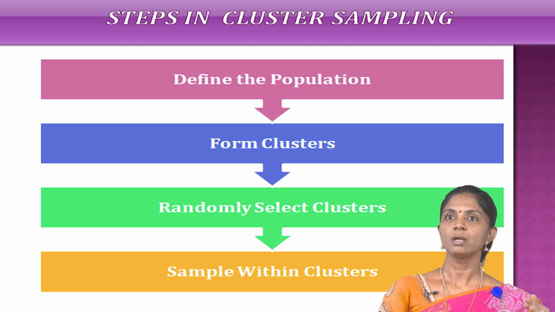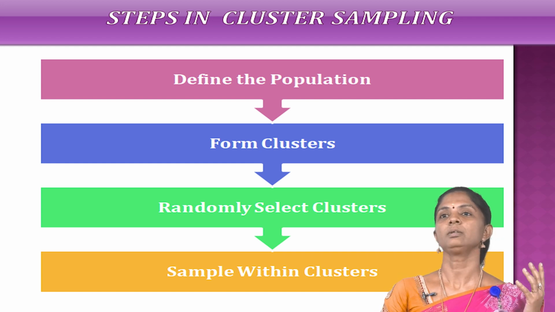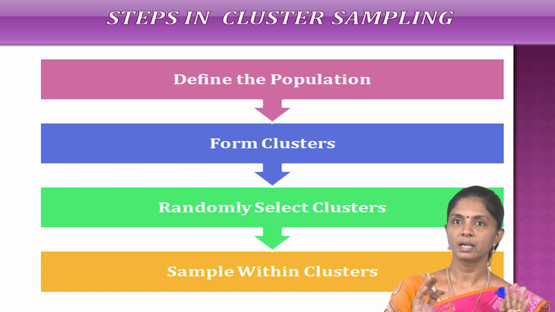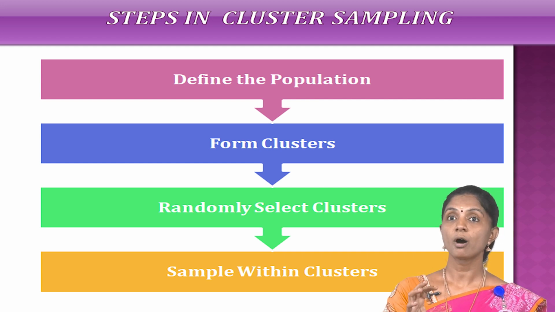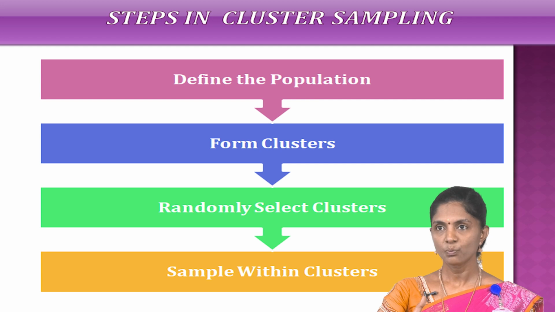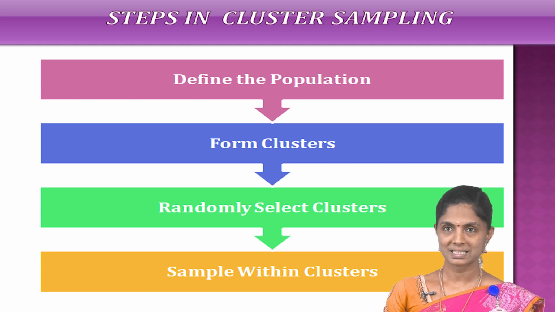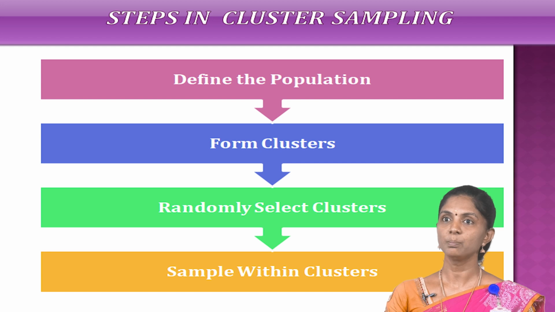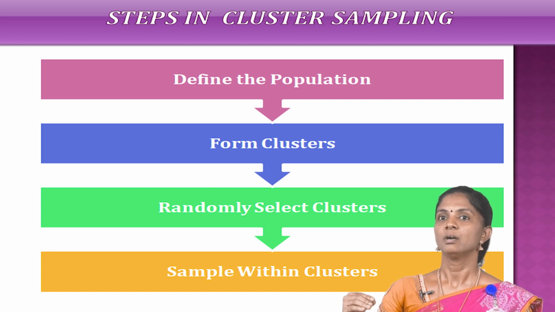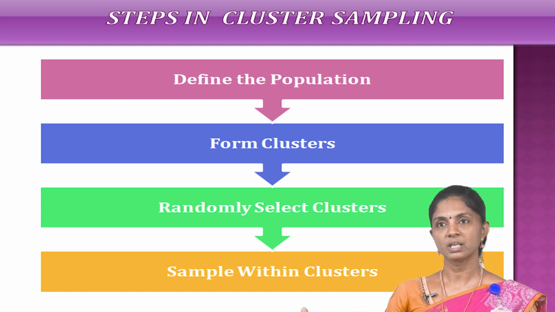In the same way, first you define the population. Clearly define the entire population you want to study. Second, form clusters. Divide the population into clusters. The clusters should ideally be heterogeneous within but homogeneous between.